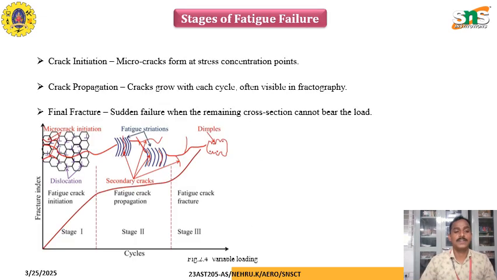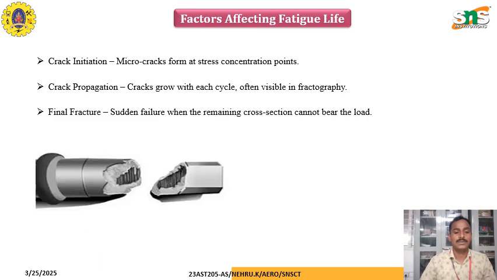The stages of fatigue fracture, which we already discussed in the last class, are crack initiation, crack propagation and final fracture. Crack initiation is stage one. Crack propagation is the second stage, a linear stage. In the final stage, the fatigue fracture ends in failure. This sudden failure occurs when the remaining cross section cannot bear the existing load.